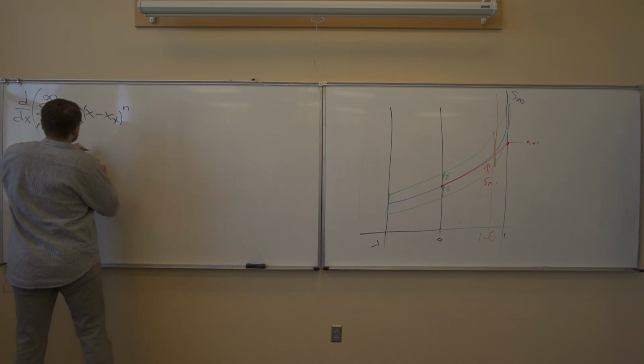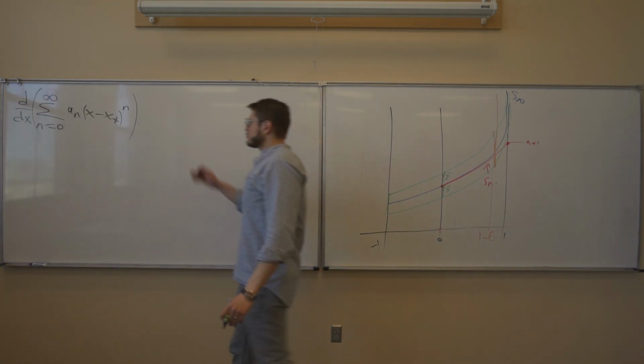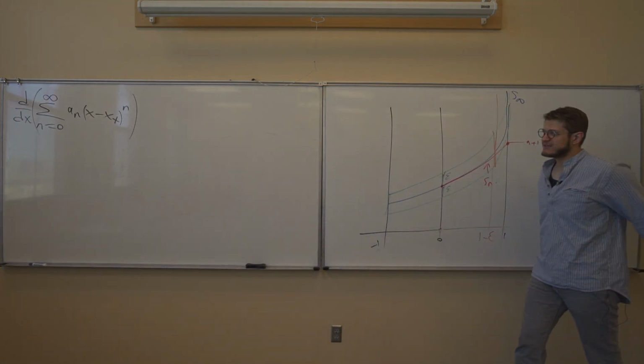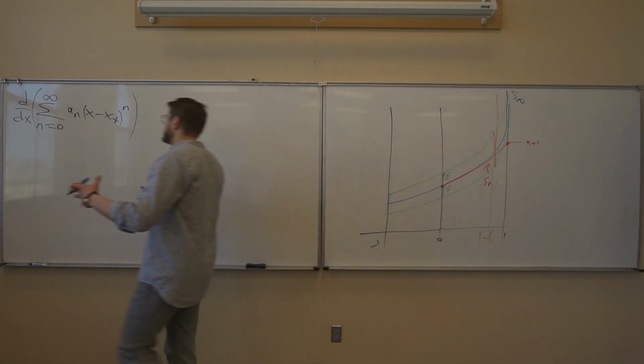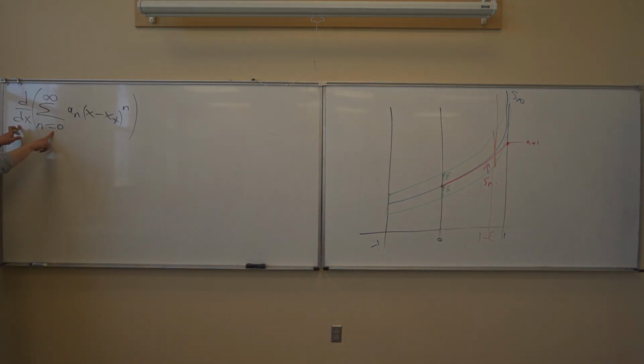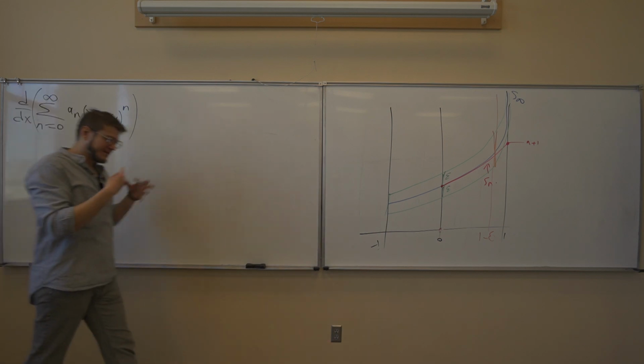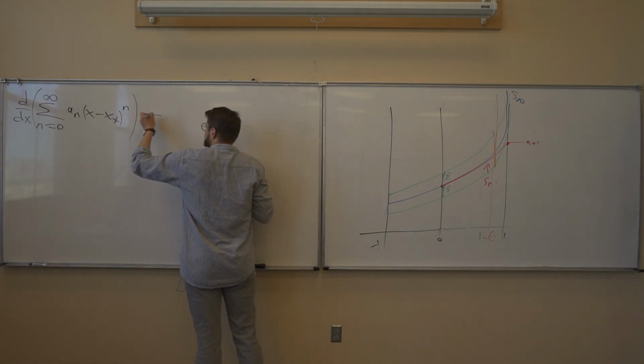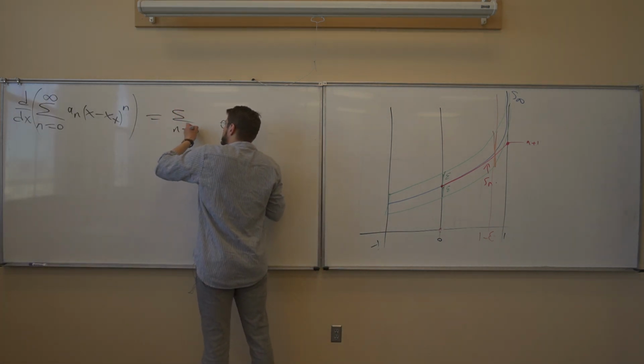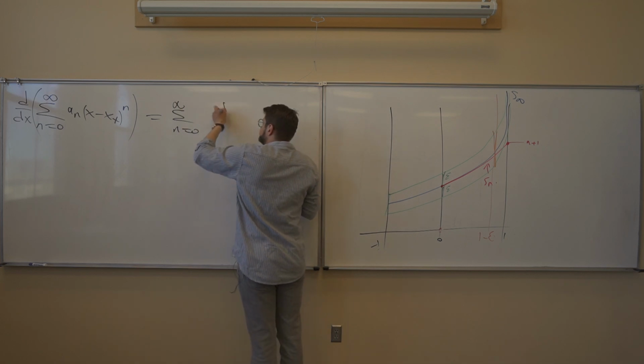I would like to be able to differentiate this series. Let's not worry about the convergence and whether or not this makes sense. But in the best possible situation, I should be able to change the order of these two limits, because this derivative involves a limit, and this sum too involves a limit. And we said how changing the orders of limits is an important thing that is applicable in some situations, and sometimes it doesn't work, right? But say we can do this.